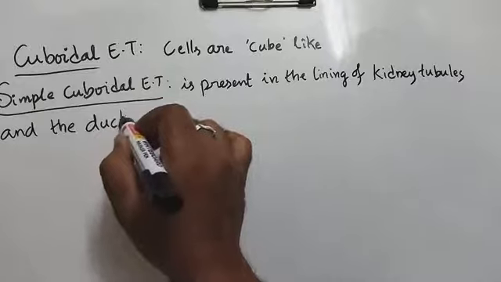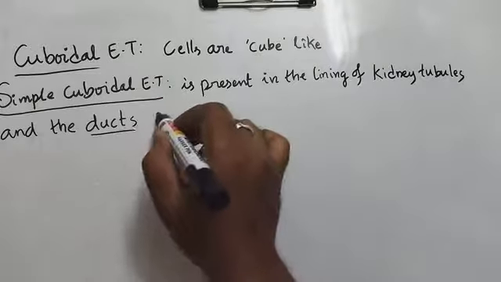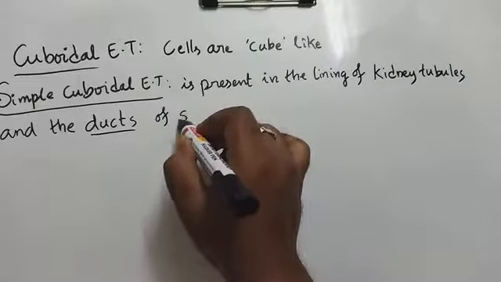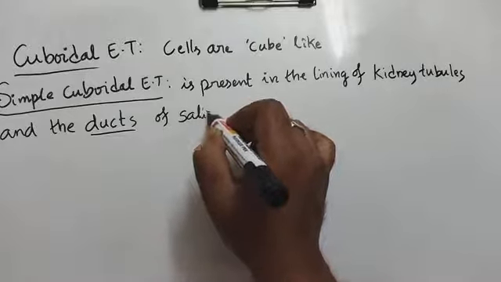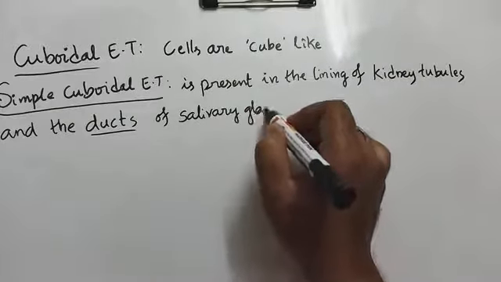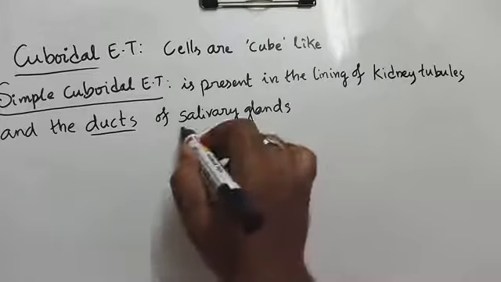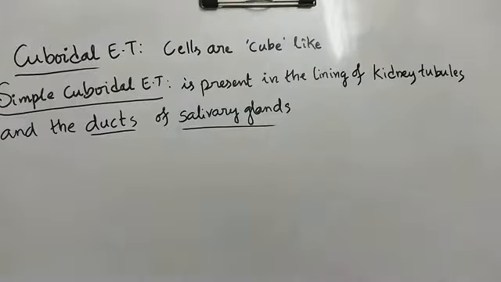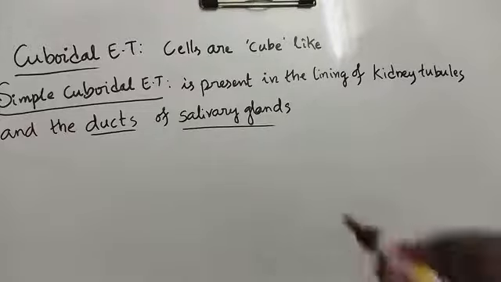Ducts means small tubes only. Ducts of salivary glands. In human mouth, 3 pairs of salivary glands are present. They provide mechanical support.